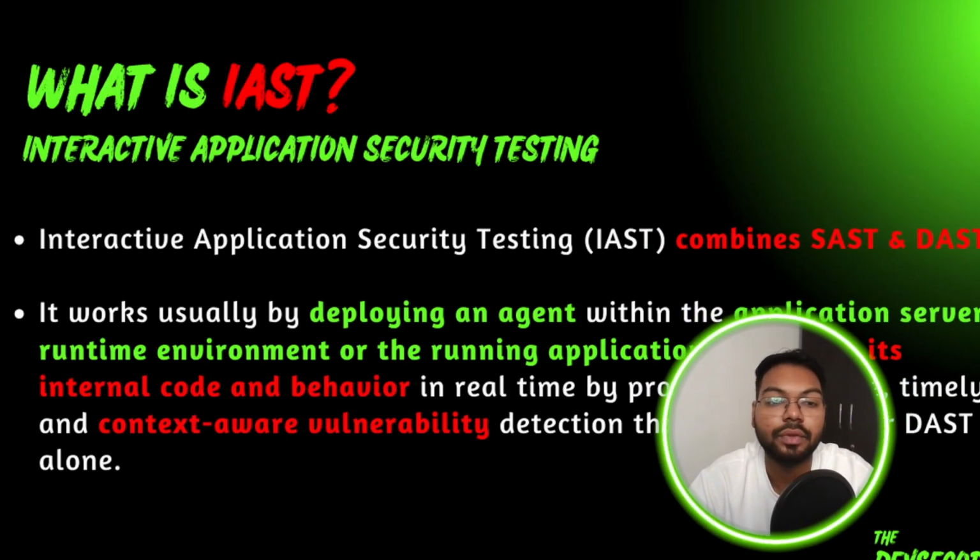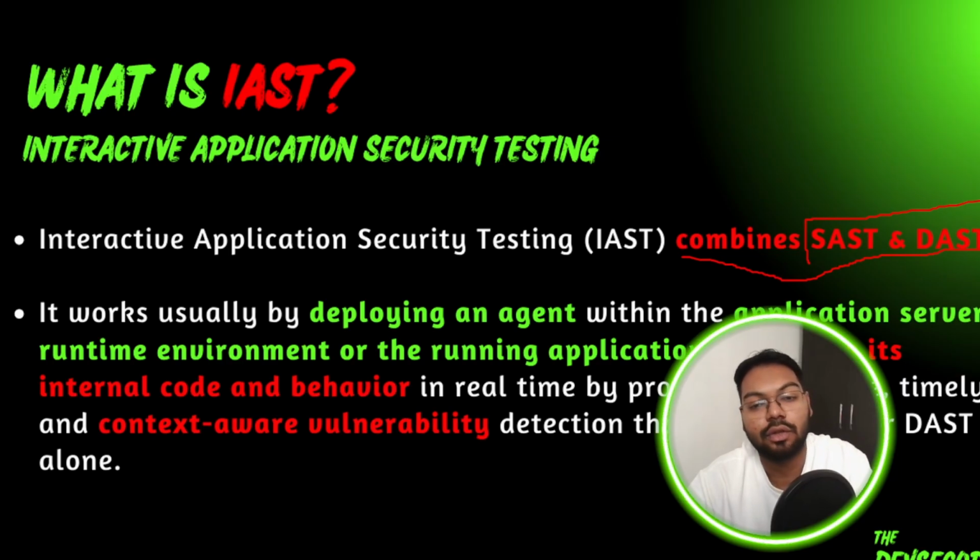As you have already seen, interactive application security testing basically does the work of both SAST and DAST. It combines the code analysis as well as the attack simulation that you majorly perform in DAST. So how does it work?